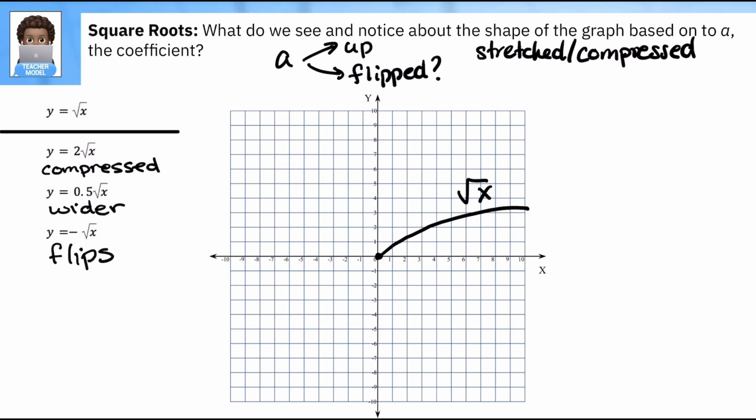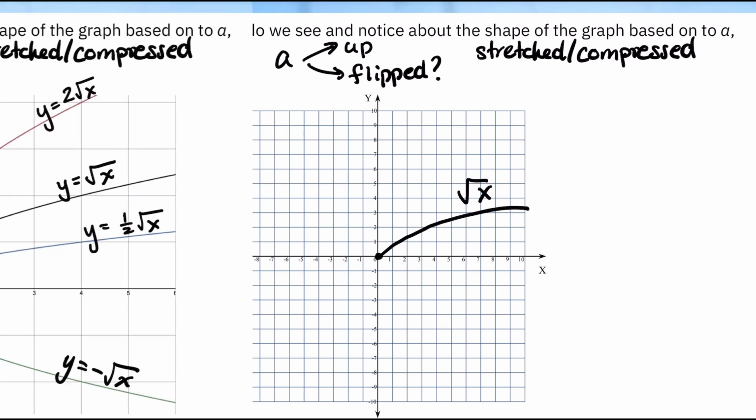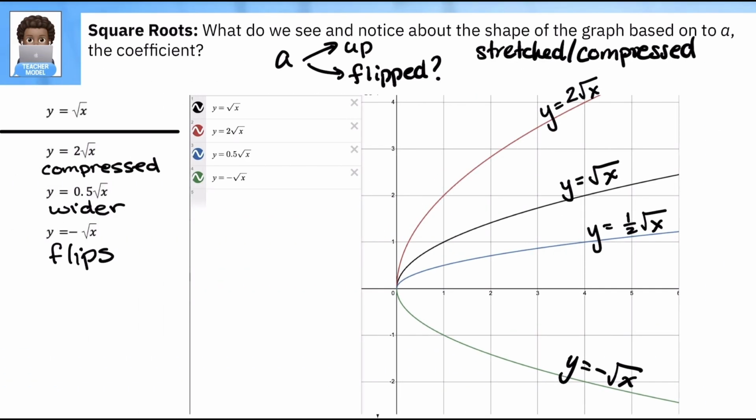So let's look at an image and see if this is true. Okay, here we go. Here's our base right over here. And we got some surprises, our first surprise in a while. Here's our surprise happening with whether a is greater or less than 1. This has been reversed. In this situation, when a is greater than 1, it looks wider.